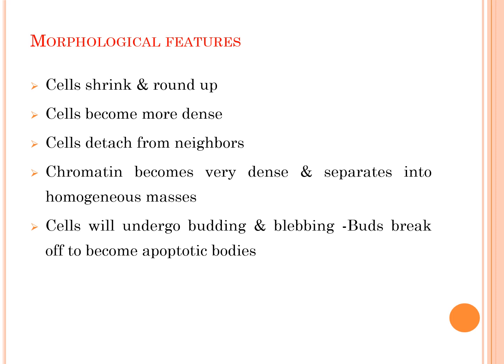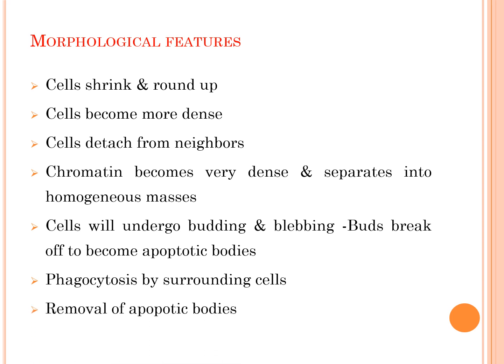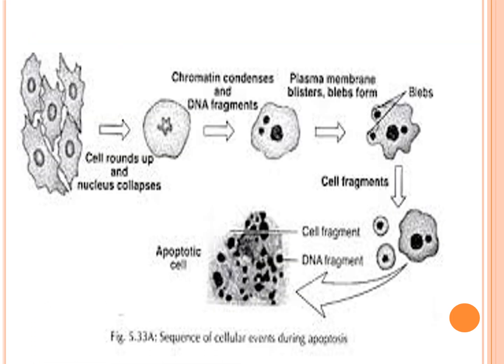So first they shrink, round off, become more dense, and separate from the neighboring cells. The chromatin inside becomes very dense and separates into homogeneous masses, and the cells undergo budding and then blebbing. These buds break off to become apoptotic bodies. And phagocytosis occurs with the help of macrophages, the surrounding cells, and removal of apoptotic bodies takes place.